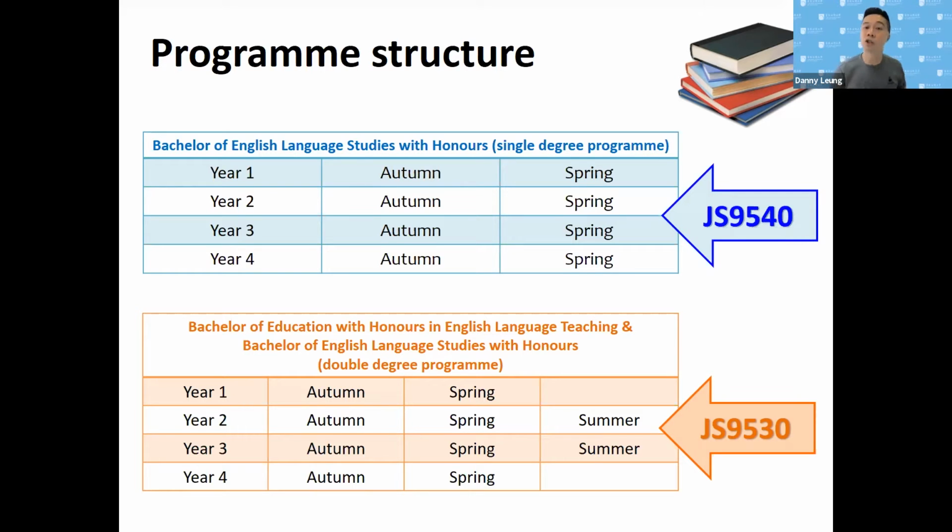But here, we squeeze things into the 2 summer terms. And that's why, compared with your classmates or friends doing other double degree programs elsewhere in Hong Kong, you will be able to graduate 1 year faster. So this is definitely an advantage.